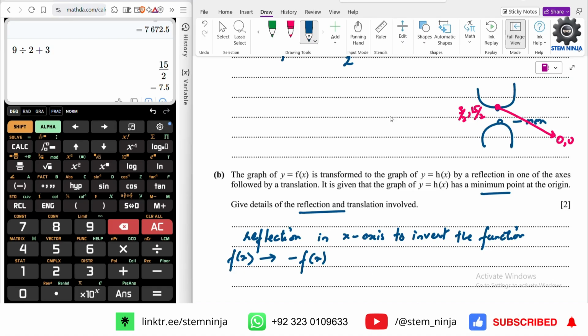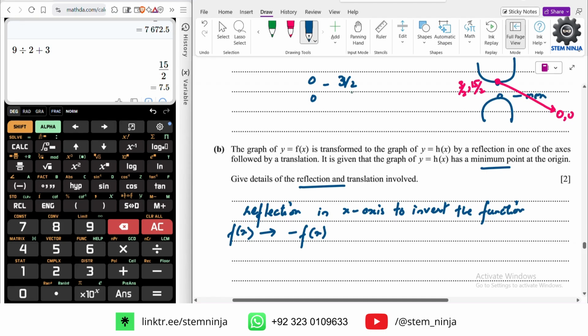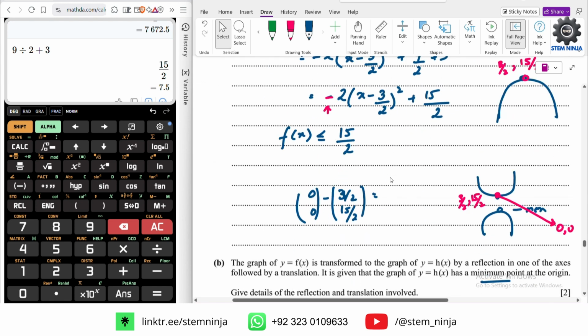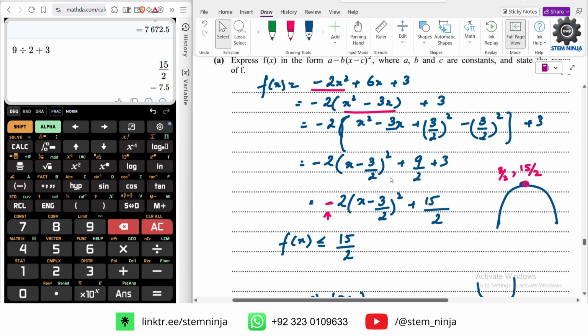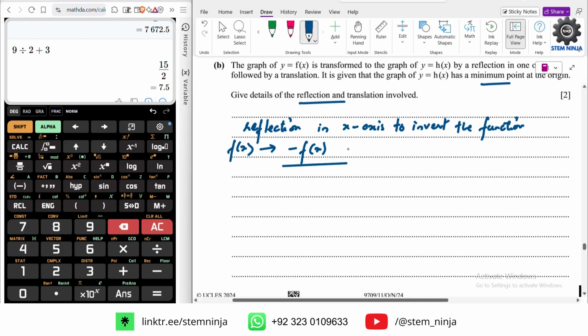Now we need to translate this function. However, the thing to note over here is that once you have inverted it, the max point turns into a minimum point.